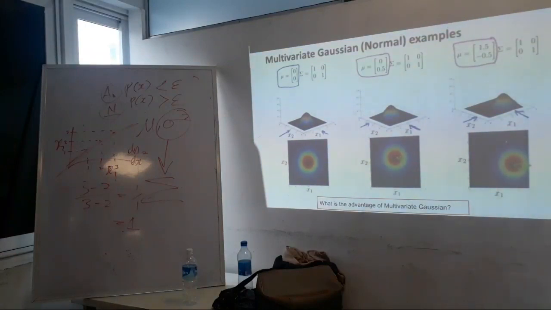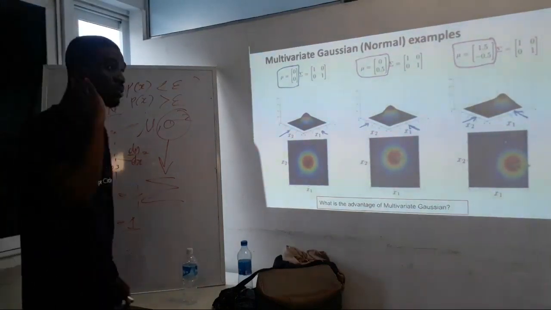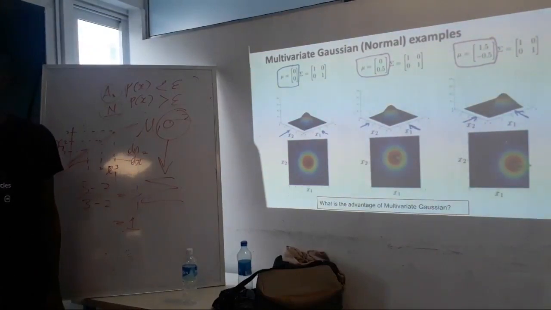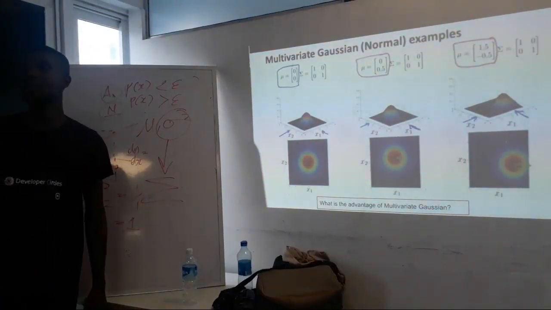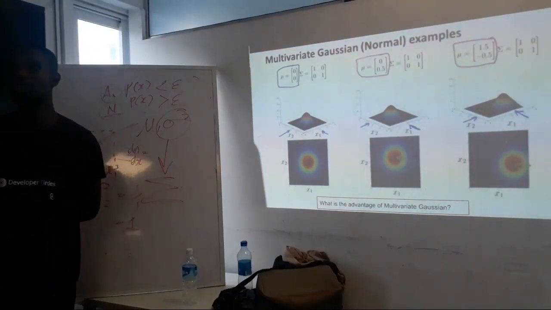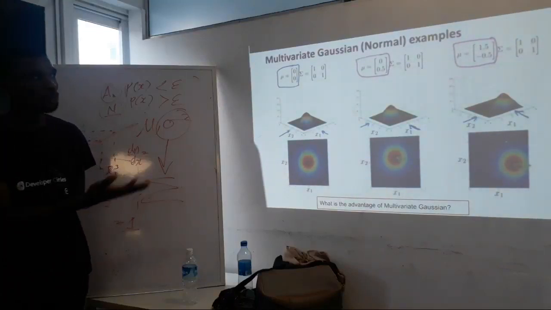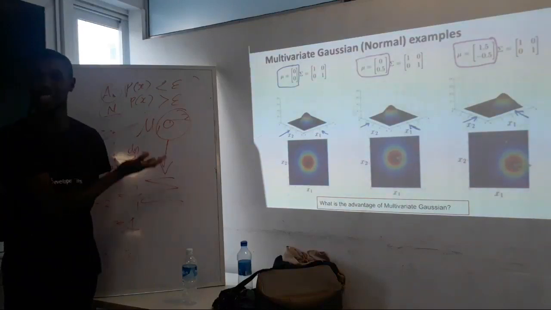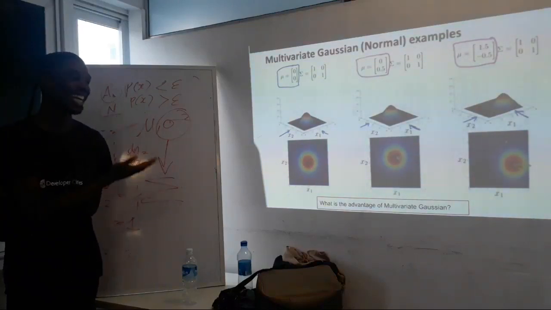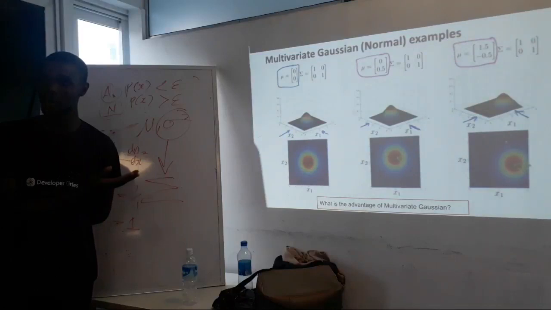So what is the advantage of the multivariate Gaussian? I ask this question, sometimes it makes me look stupid, but I have to ask, to let me know whether I'm really stupid. Why do we need multivariate Gaussian?